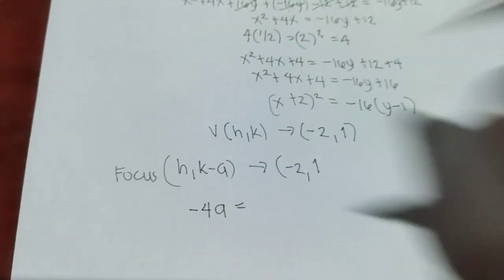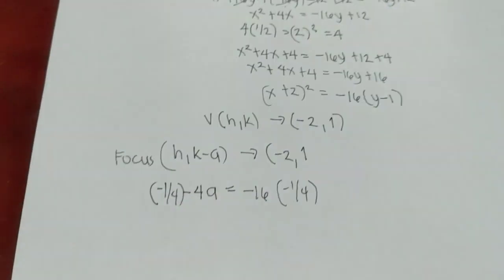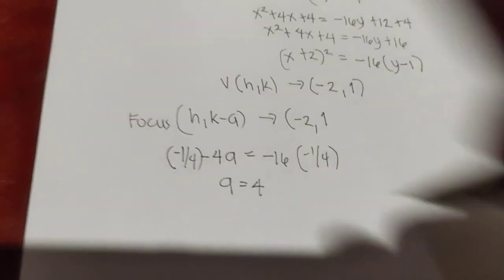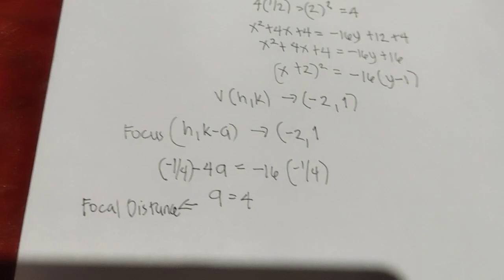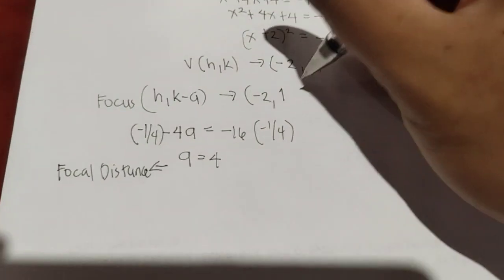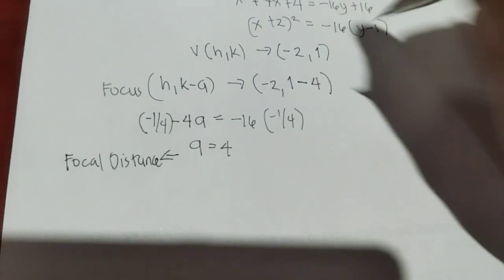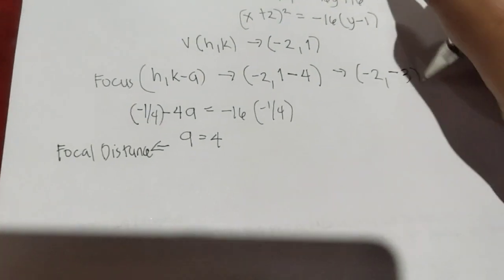So negative 4a is equal to negative 16, and then we multiply negative 1/4 to both sides of the equation. Then we have a is equal to 4. So our focal distance is equal to 4. So the value of a here is equal to 4. So back to the focus, k minus a is 1 minus 4. So our focus is negative 2, comma, negative 3.